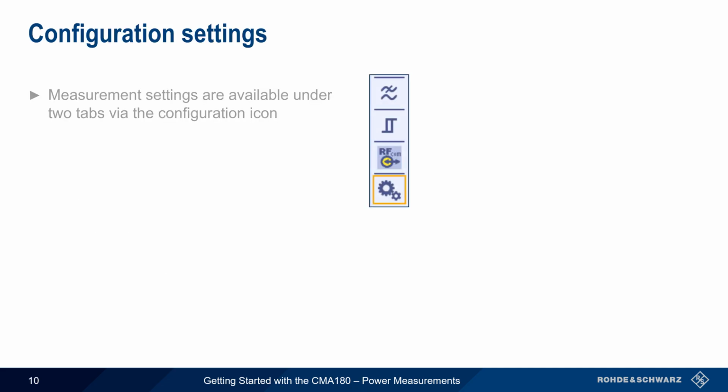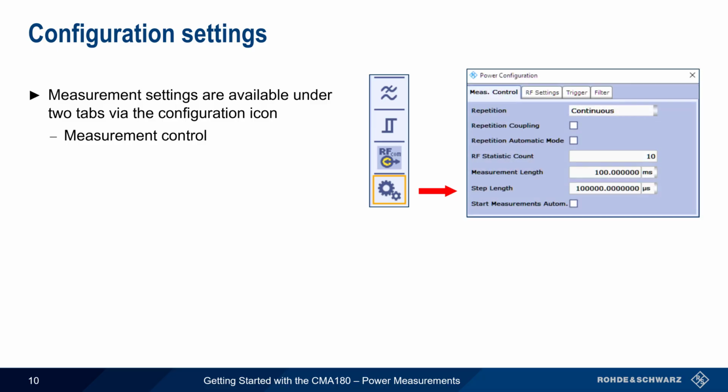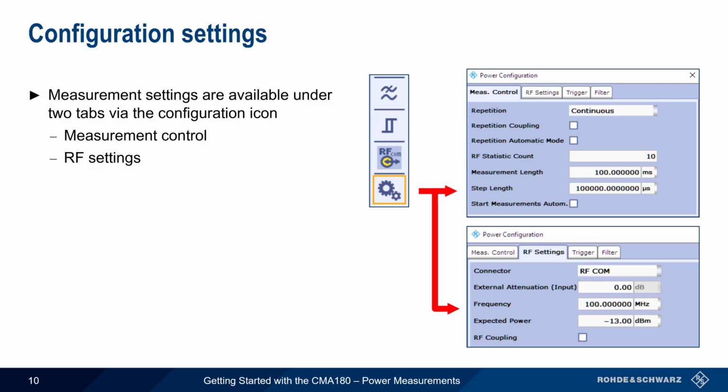The configuration icon provides access to measurement settings, some of which are not available from the main GUI. There are two tabs, one for measurement control and another for RF settings. Of particular interest are the repetition parameters, which allow measurements to be made continuously or as a single shot.